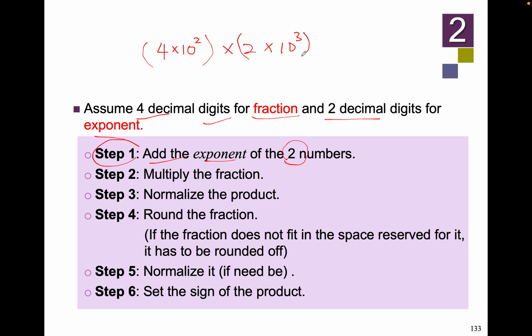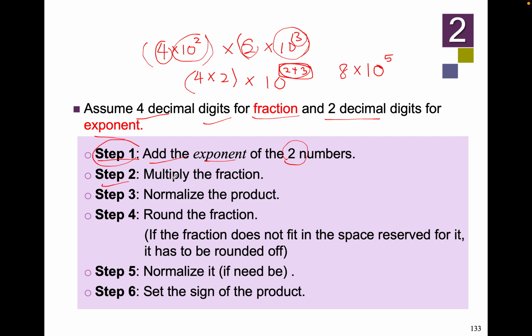If I multiply these two numbers, I multiply 4 times 2, and for the 10, I add the power 2 with my other exponent here. This is the meaning of your step number 1. Then you will get 8 times 10 to the power of 5. For multiplication, you add your exponents.